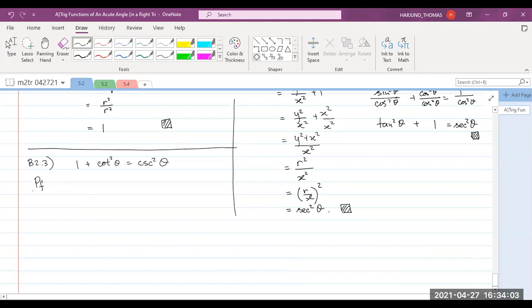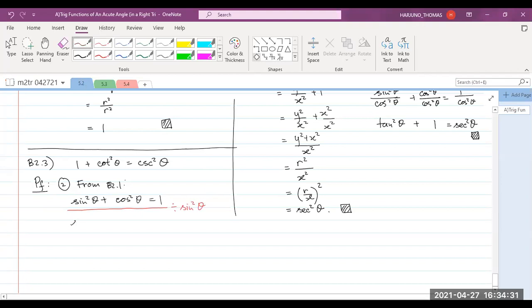Proof. You can use the first method. I prefer the second method, which starts from what we already proved earlier, B1: sine squared theta plus cosine squared theta equals 1. But this time we divide each term by sine squared theta.